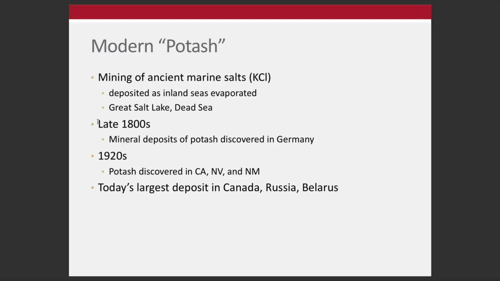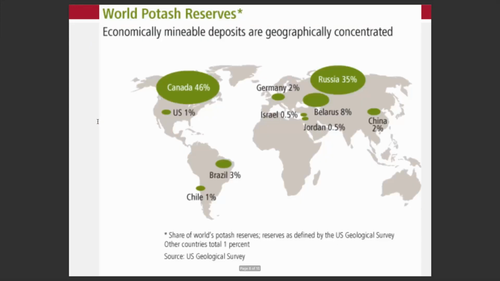In the late 1800s, mineral deposits of potash were discovered in Germany. But as mining exploration occurred, in the 1920s some were found in California, Nevada, and New Mexico. But really today the largest deposits are in Canada and Russia, and a little bit in Belarus as well.